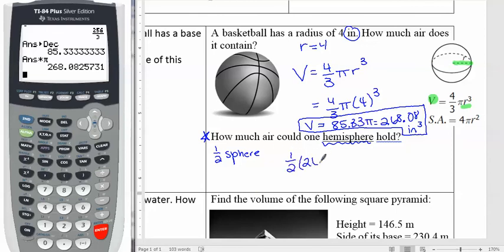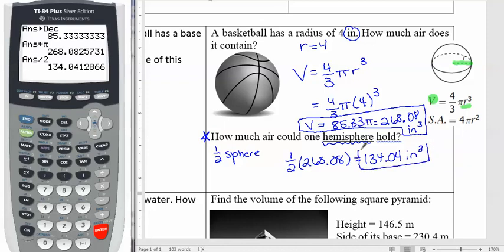I'm going to half the 268.08 or divide it by 2, which I'll do in my calculator. And I get 134.04. So we just have to make sure that we actually answer the questions that they ask. So let's look at the next example.